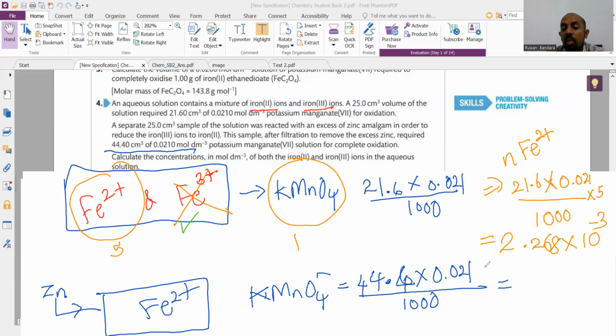Why did the number of moles of KMnO4 increase? The reason is zinc has converted the Fe3 plus also to Fe2.